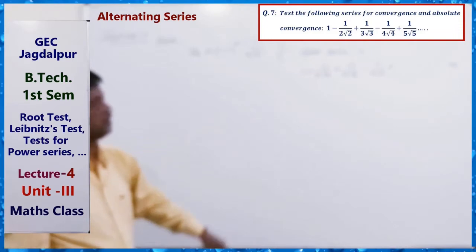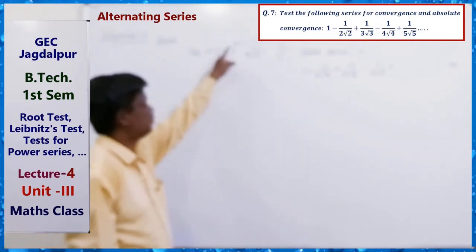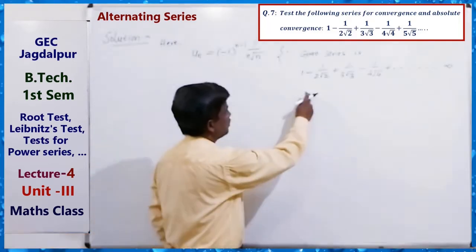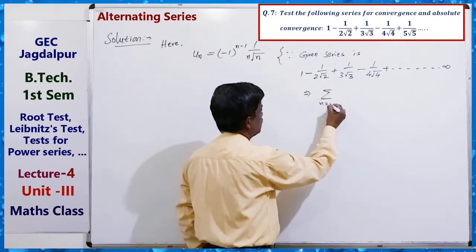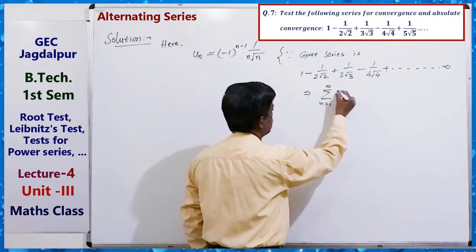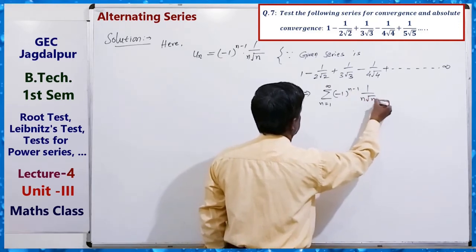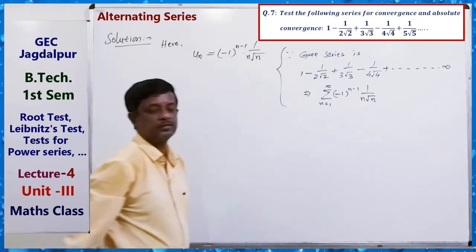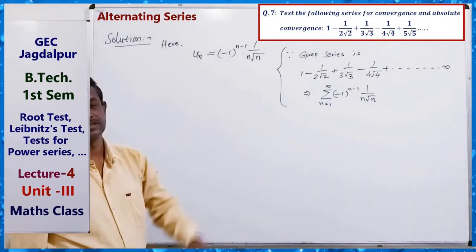So we can write, with (-1)^(n-1), n equals 1 to infinity of (-1)^(n-1) times 1 upon n root n. Clear? So un can be taken like this.